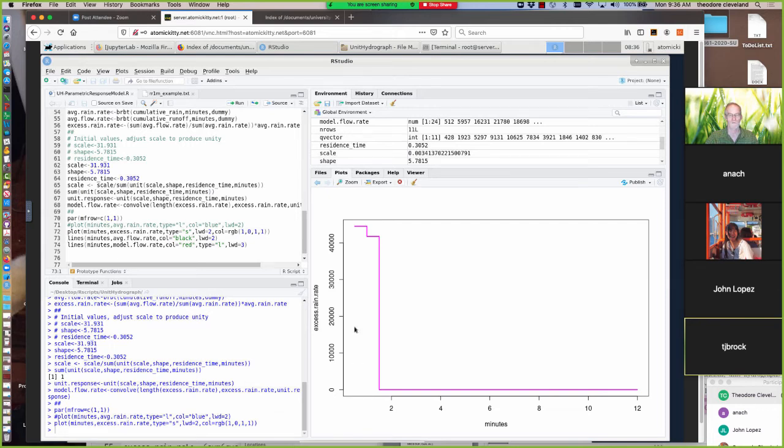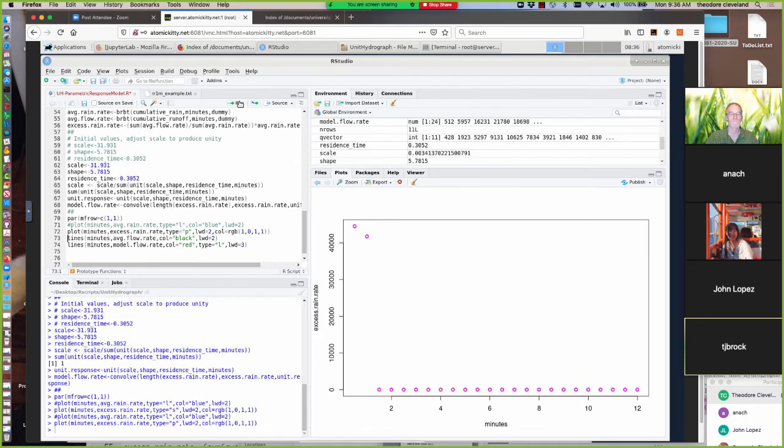So the first one is at 0.5 and then at 1. Let me modify the plot type. So here's our 2 excess values, and there must be a 0 here at 0.5.